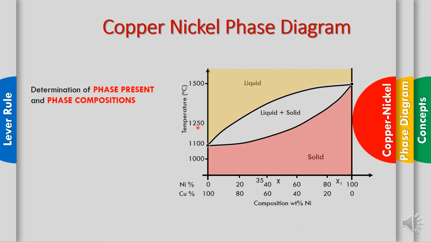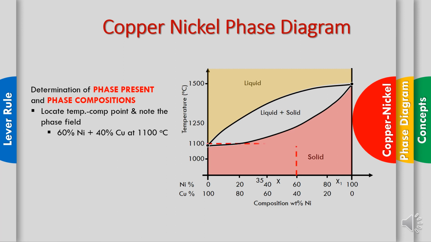Let's say we have 1250 and 40% nickel, and we will see from the intersection which area it is in. So we want to look at the phases present, and then the phase composition. We will locate the temperature-composition point and note the phase field.